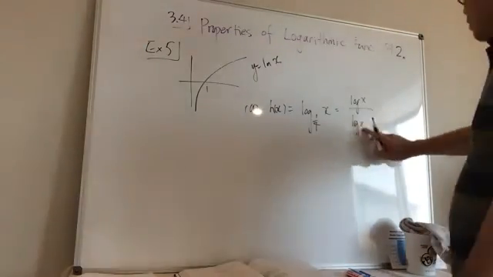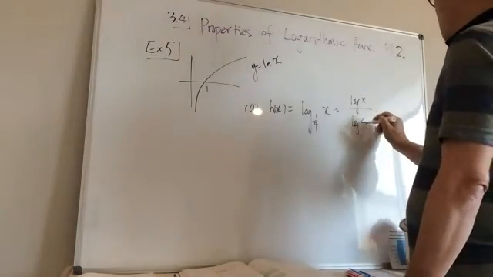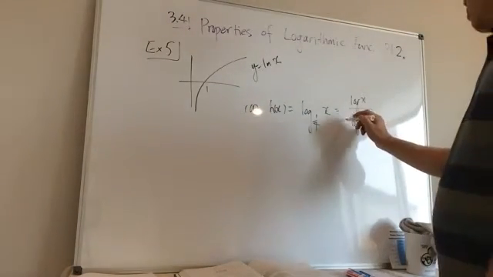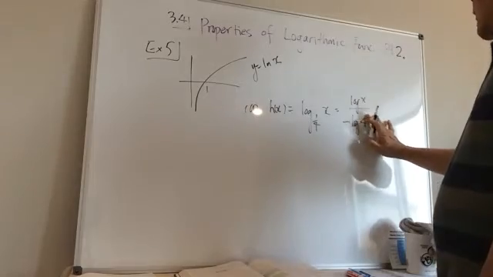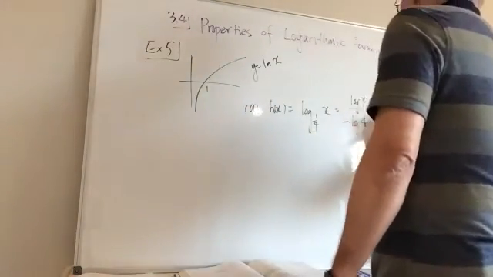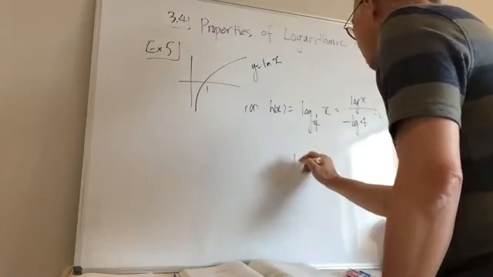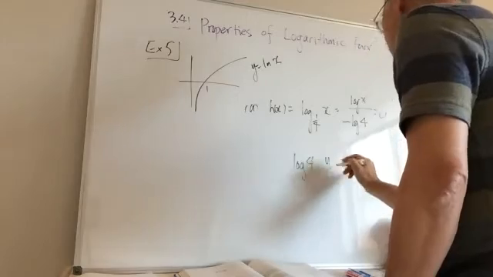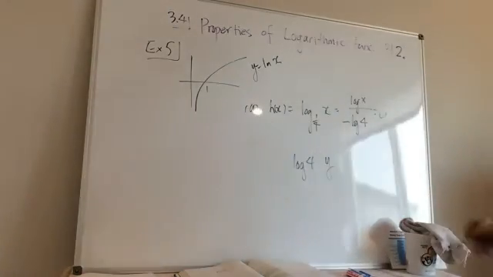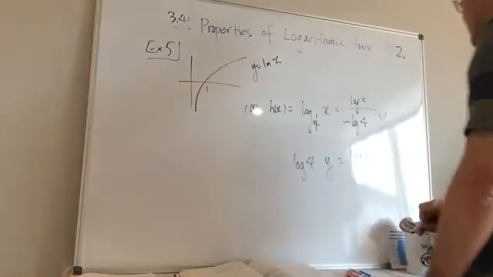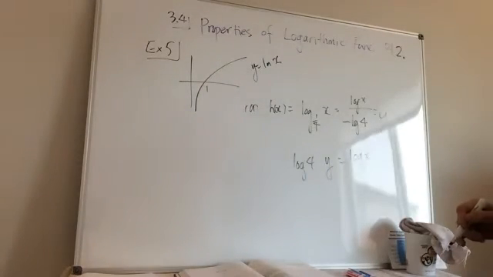Log of 1/4 is log of 4 to the negative 1, and the negative 1 goes over like that. So again, if you call this y, you're going to have log of 4 times y equals negative log of x. So you have a negative here.